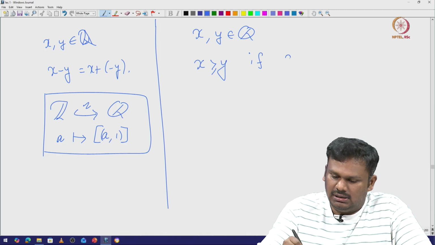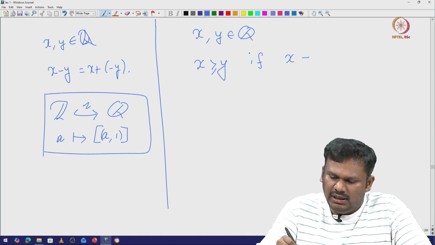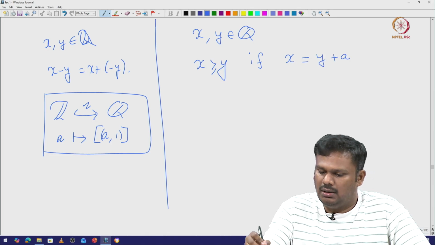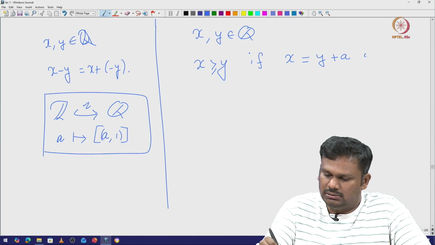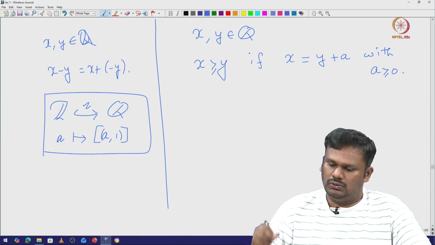That means we can say that x is equal to y plus some a, with a greater than or equal to 0.